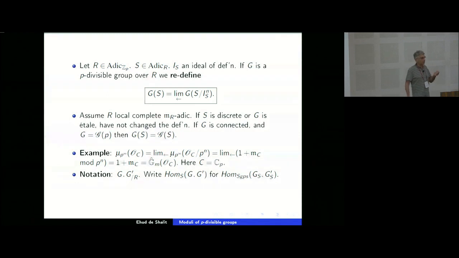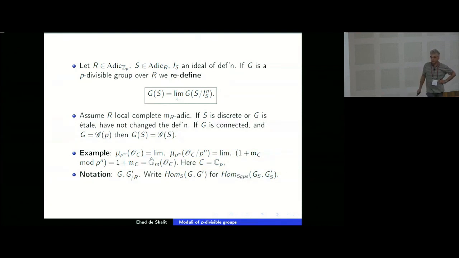Any element that's congruent to 1 mod p to the n is a root of unity of order p to something, if that something is big enough. That's easy. So you get the inverse limit of 1 plus MC mod p to the n, which of course remains 1 plus MC, which is the unit disk around 1, the points of the formal group.